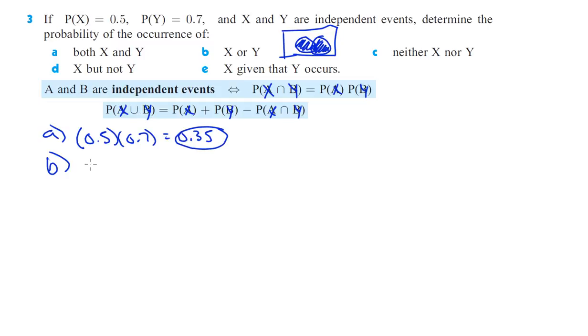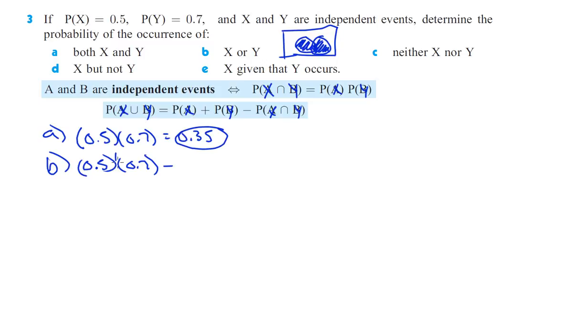So we're just going to need to do the probability of X, which is 0.5, times the probability of Y, which is 0.7, and then we're going to subtract the probability of X intersect Y, which is what we just figured out right here, 0.35. Oh, sorry, never mind. I forgot, I got a little ahead of myself.